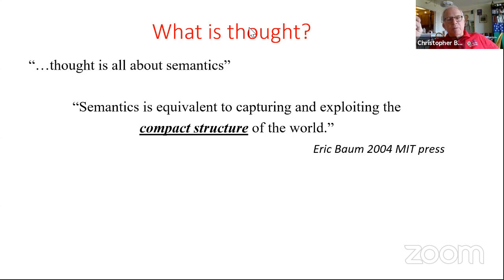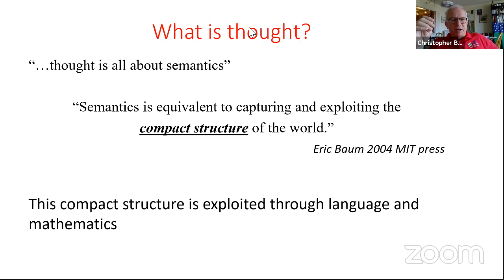So we ought to be wondering, if this is the way we as engineers create value, what is thought? And Eric Baum, in his 2004 book called What is Thought, says it's all about semantics. And semantics is equivalent to capturing and exploiting the compact structure of the world. So is there a compact structure to engineering design?